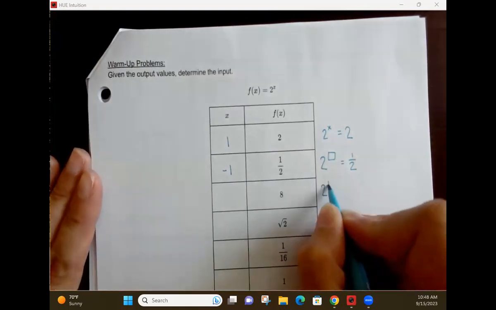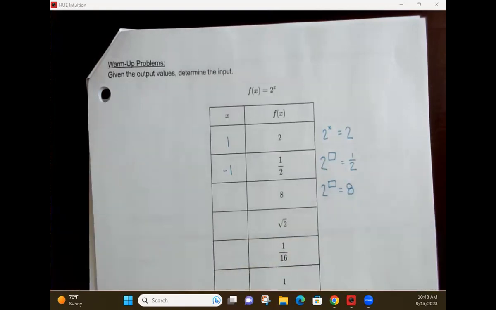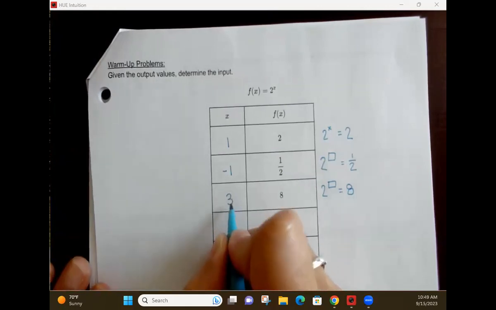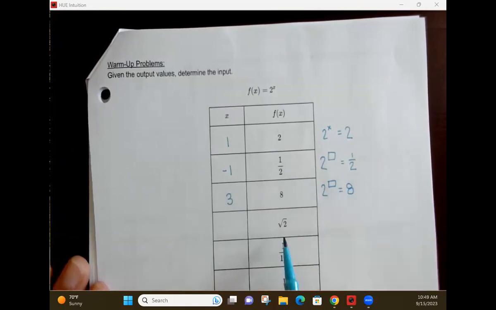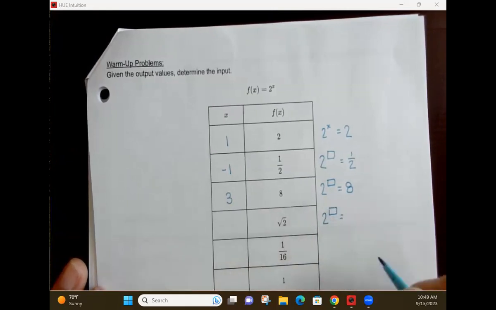I took 2 to some power, and I got 8. What did my exponent have to be? 3. This one looks like it's tricky, but this is actually, I would say, probably the easiest one that we have here. We took 2 to some power, and we got the square root of 2.